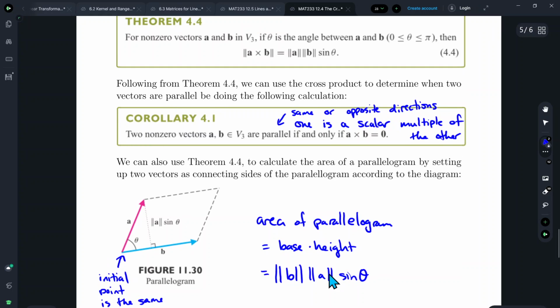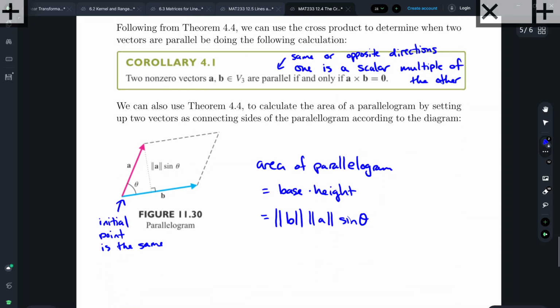But this calculation is exactly part of this formula, and it's the same as the magnitude of the cross product. So this allows us to calculate the area of a parallelogram when the vectors are arranged in this way.